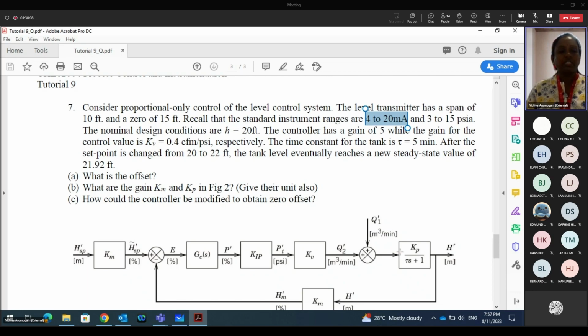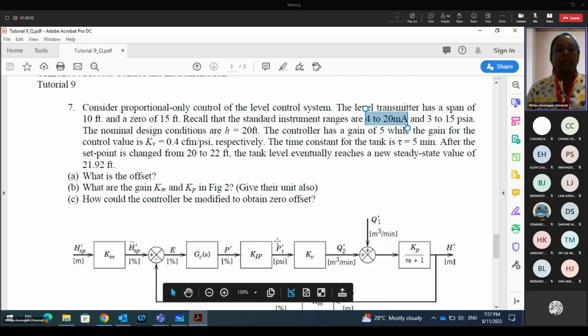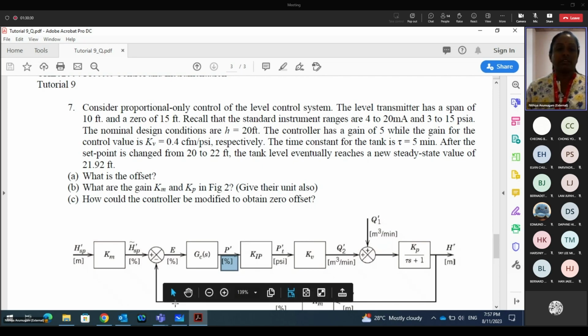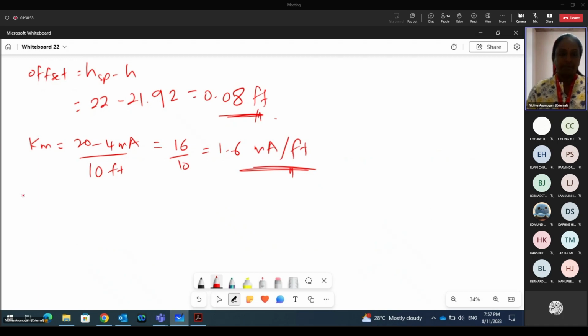So if you notice, the KIP is basically the output over the input. Okay, so PSI over the percentage, or the milliampere value from the transmitter. Right, so KIP can be calculated with the difference between the range given and also the transmitter value.